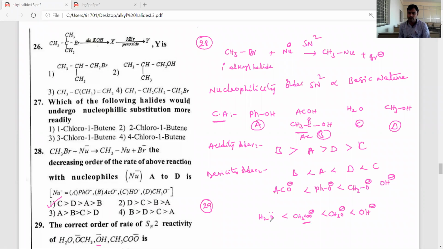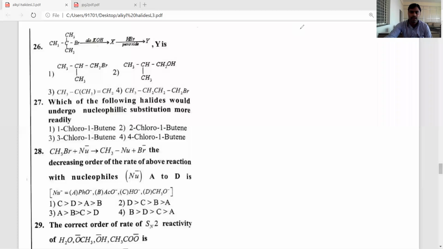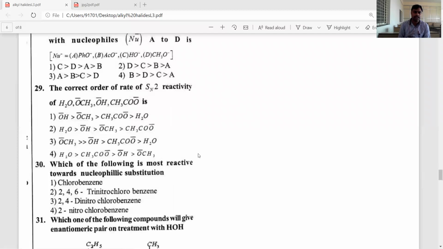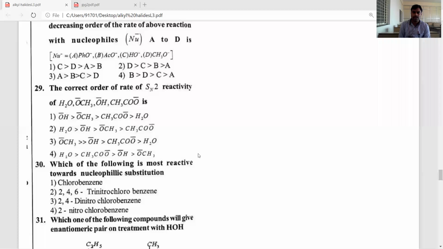H2O is neutral, and the lone pairs on oxygen act as the nucleophile. This is the correct nucleophilicity order. So for the 29th, the order is OH minus ion more than CH3O minus, so the first option is correct.